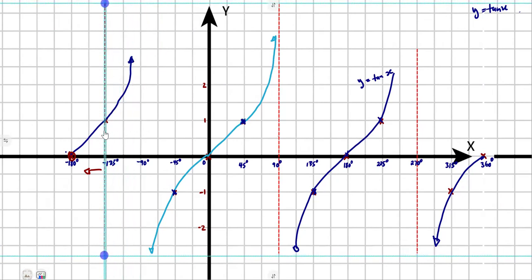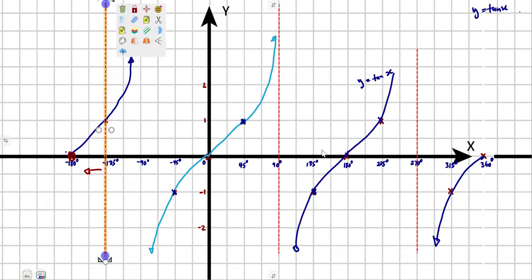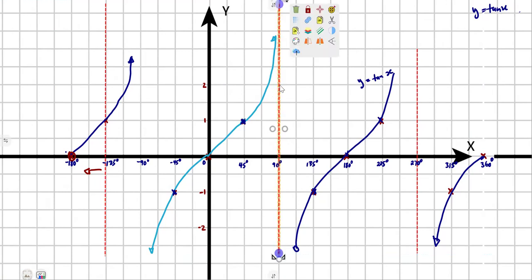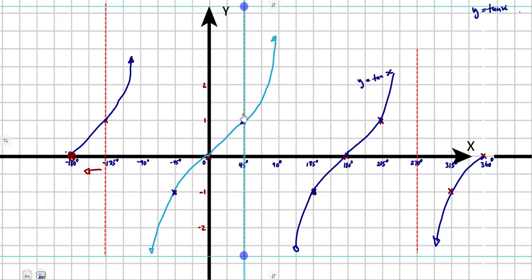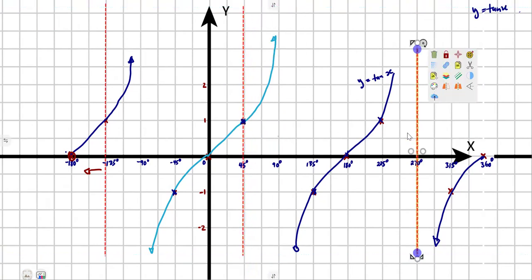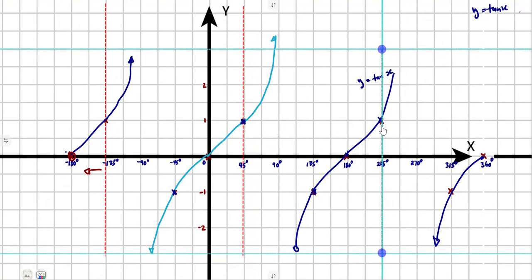We'll now have our asymptote here. It's now at minus 135. The asymptote, which was at 90, is going to move also 45 to the left. So from 90 degrees, we'll end up having this at 45. The one that was at 270, if it moves 45, we have this asymptote now at 225 degrees. The asymptotes are also affected. They have moved.